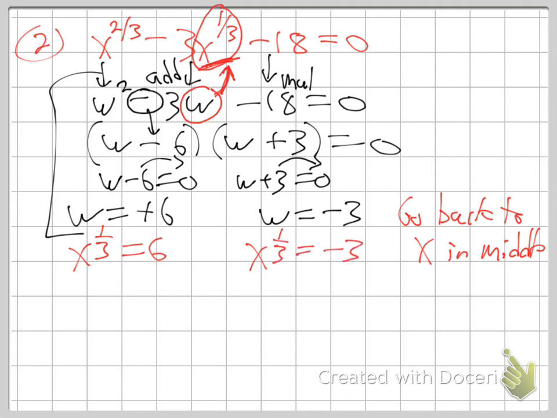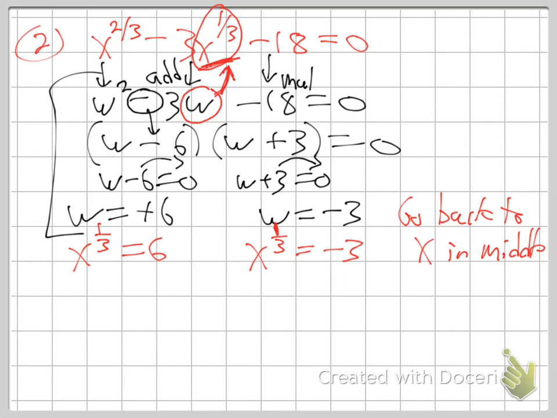So we good to there? So X to the 1/3 power equals 6, or X to the 1/3 power equals negative 3. So what do we do with that?